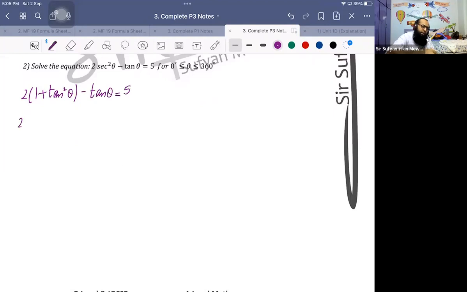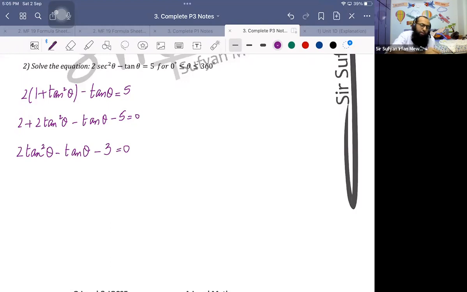If you multiply, 2 plus 2 tan square theta minus tan theta minus 5 equals 0. Then it becomes 2 tan square theta minus tan theta, and 2 minus 5 is minus 3, equals 0.